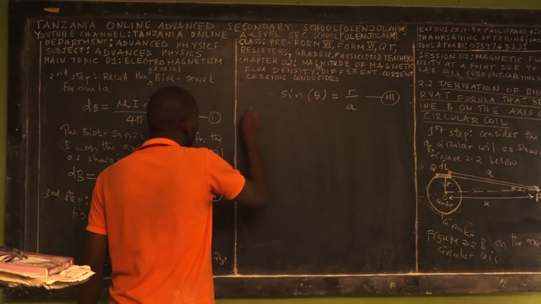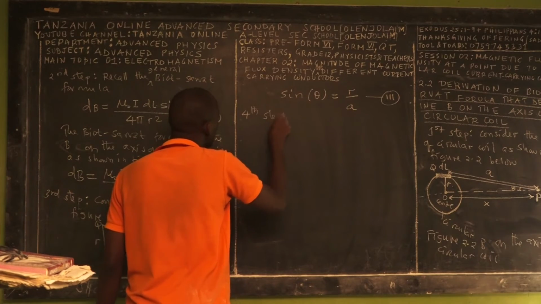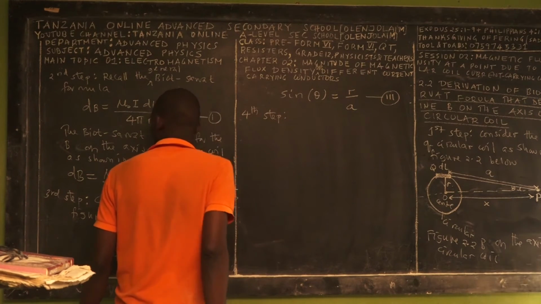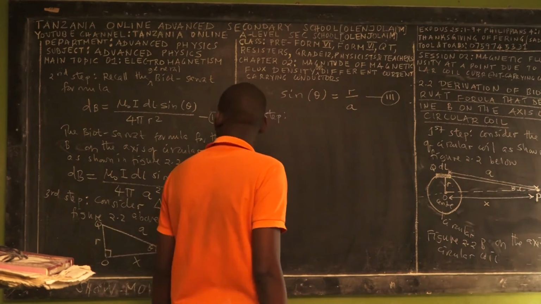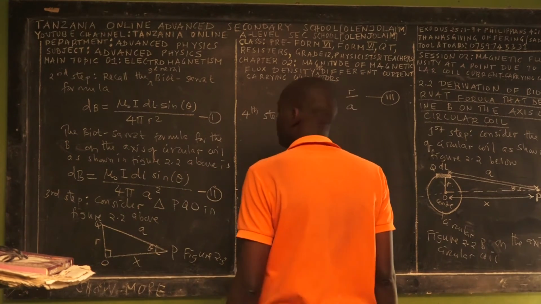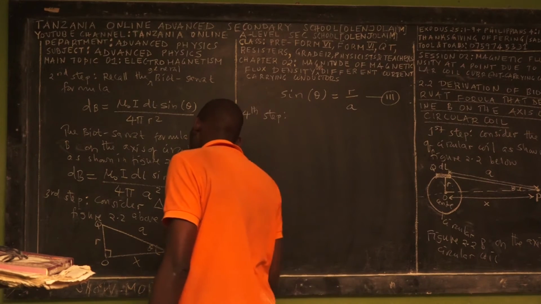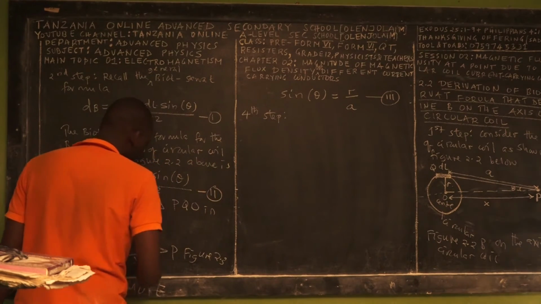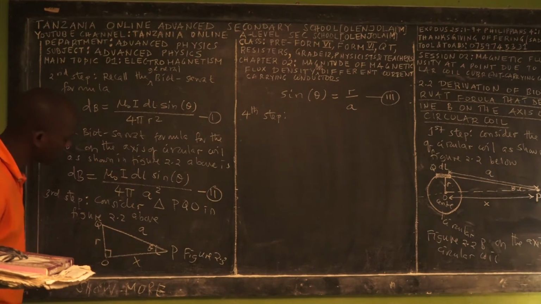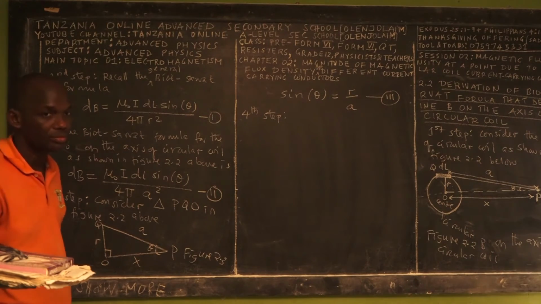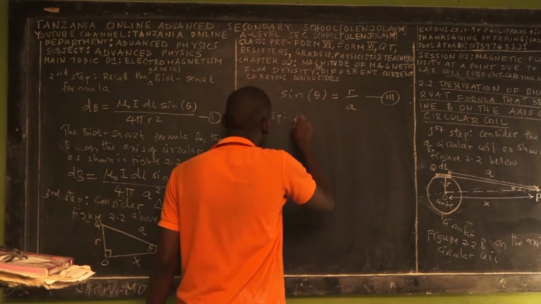Then here is the first step. The first step that we have to deal with right now is how can we find A in terms of the radius of the circle and x.